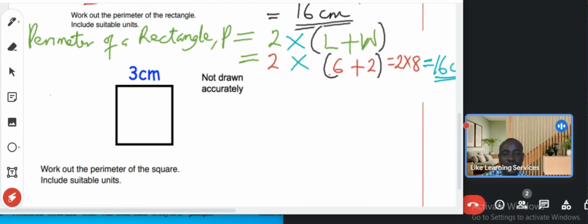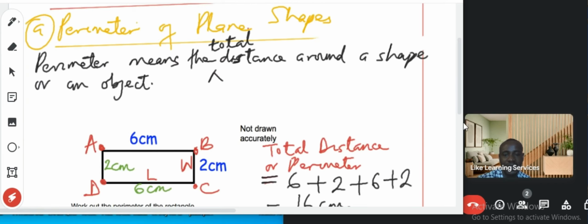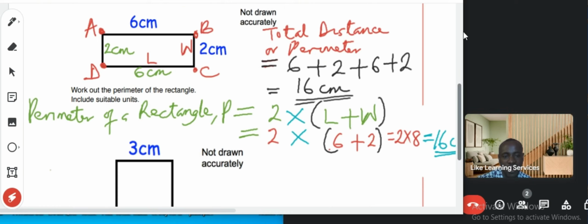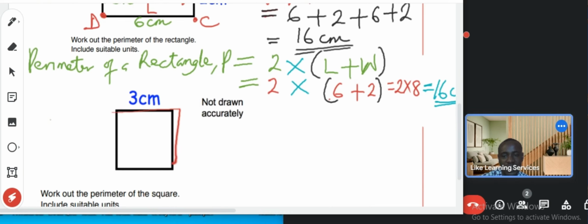A shape with 4 sides is called what? Quadrilateral. So a rectangle has 4 sides, it's a quadrilateral. A square also has 4 sides, it's a quadrilateral. A trapezium has 4 sides, it's a quadrilateral. A parallelogram has 4 sides, it's a quadrilateral.